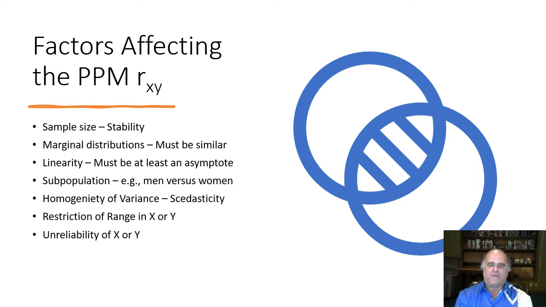What factors affect the Pearson product moment correlation coefficient? Well, sample size, of course, or stability. You actually need pretty large samples to get a stable correlation coefficient. Until you're getting sample sizes of about 100, you're not going to have a very stable correlation coefficient. Marginal distributions. We talked about this last time.